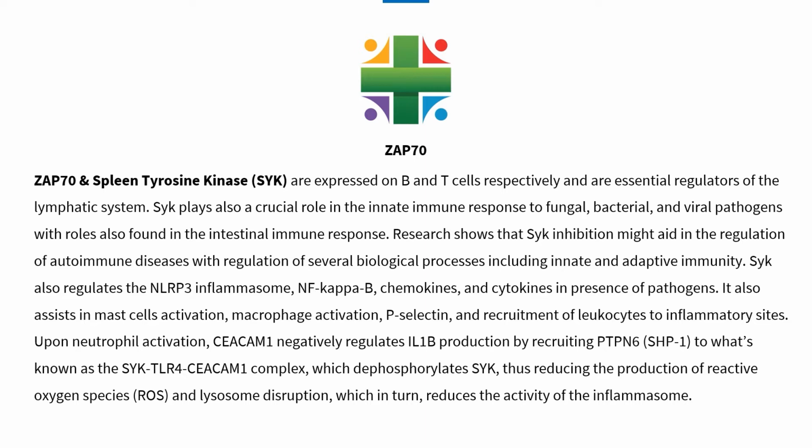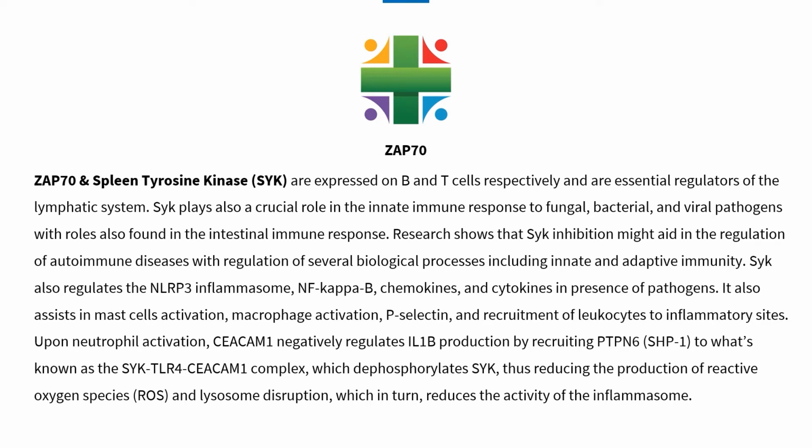Upon neutrophil activation, CEACAM1 negatively regulates interleukin-1 beta, which is a pro-inflammatory cytokine, production by recruiting a phosphatase called SHP1, which we mentioned earlier. This is what's known as the spleen tyrosine kinase toll-like receptor 4 CEACAM1 complex.